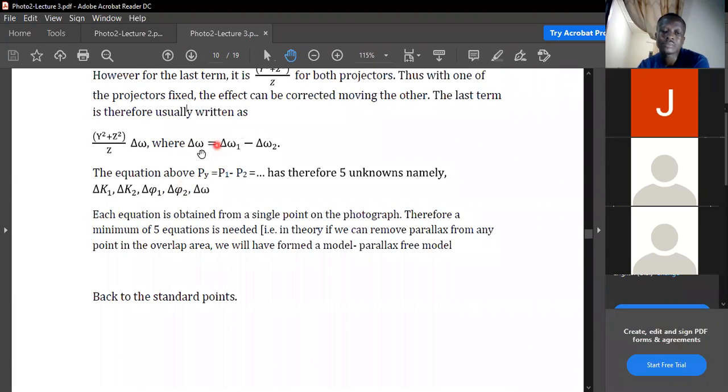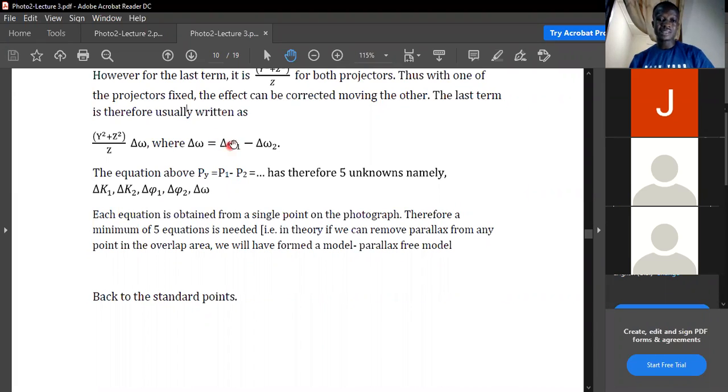In some of the old optical mechanical instruments, the movements, omega phi kappa, are actually knobs on the instrument that you turn. I don't want to go into that bit because it's not relevant today.